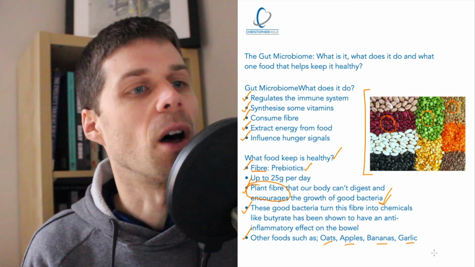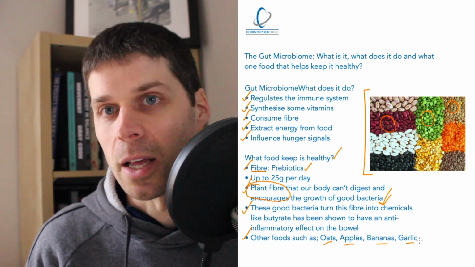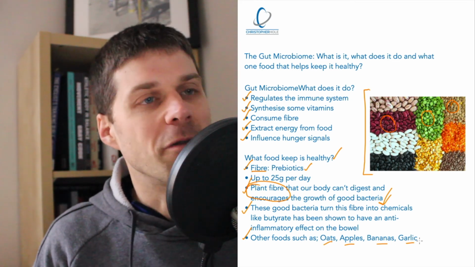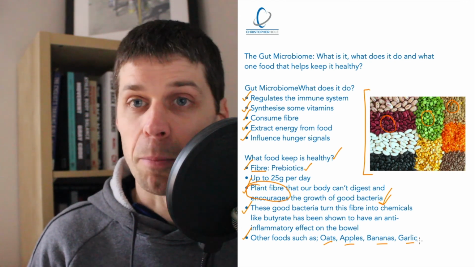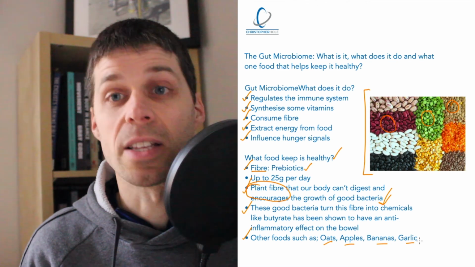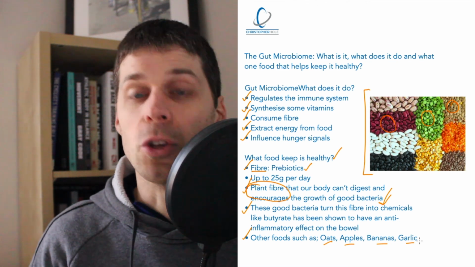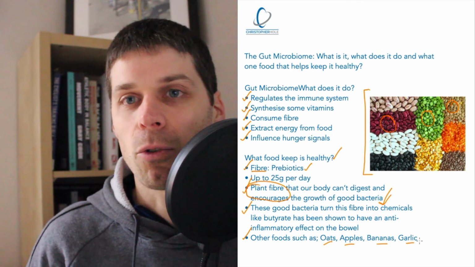And we've also got other everyday foods: oats, apples, bananas, garlic and things like that. So hopefully that's giving you a good introduction, not only to the gut microbiome and what it is and what it does, but also some foods that you can start thinking about that can start to bring you better health for it.